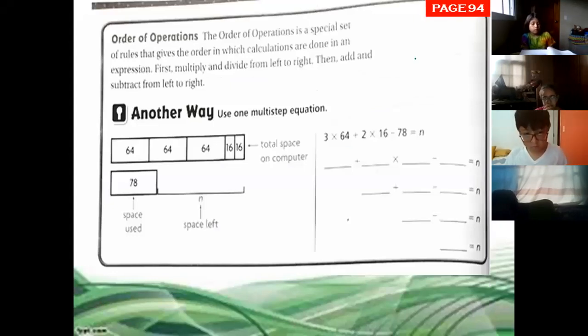On page 94, Joseph, can you help me please read this order of operations?